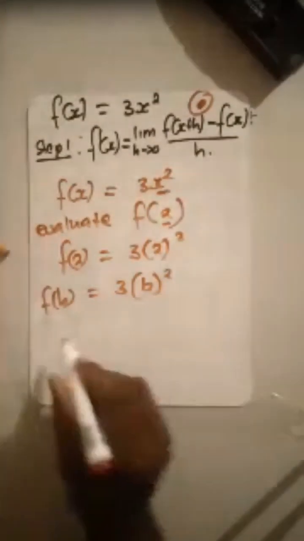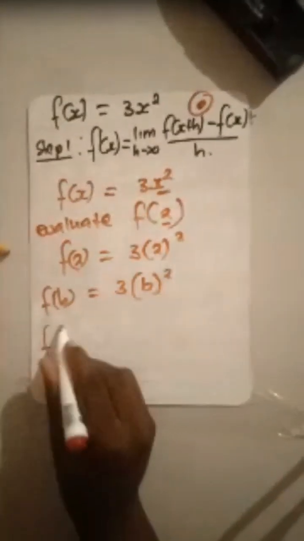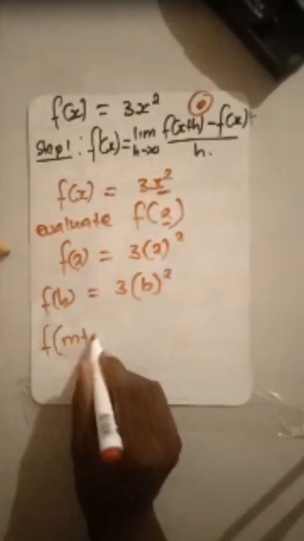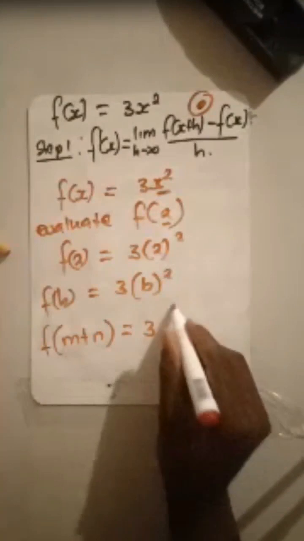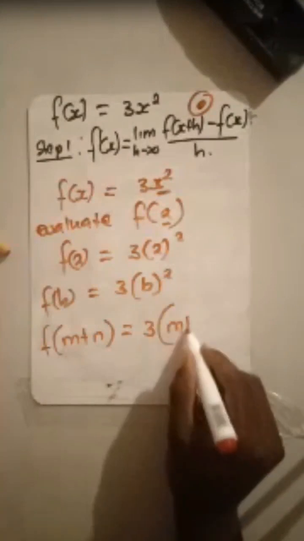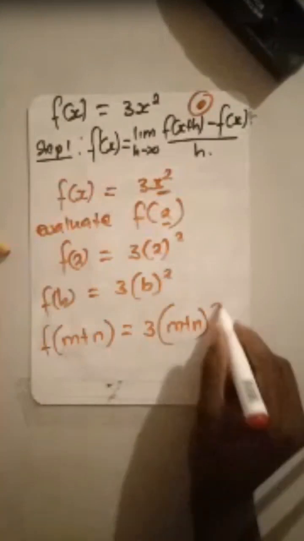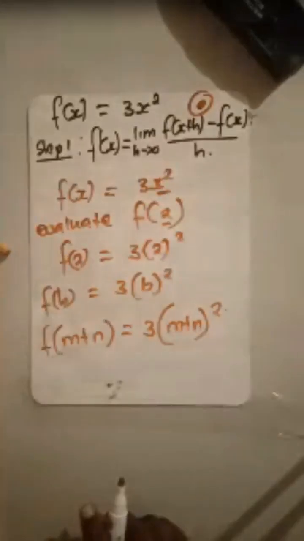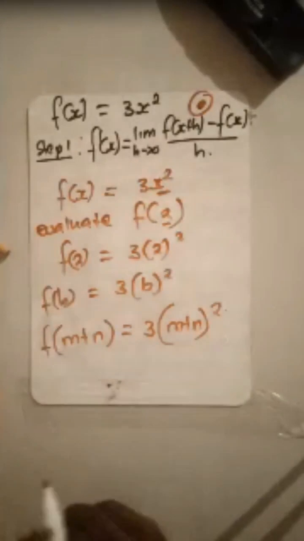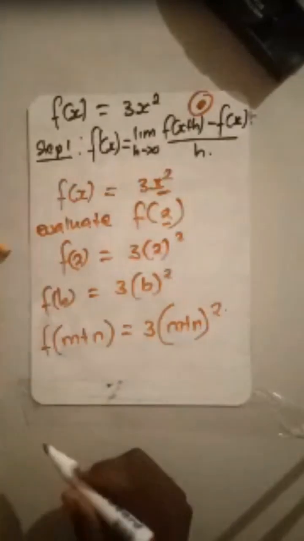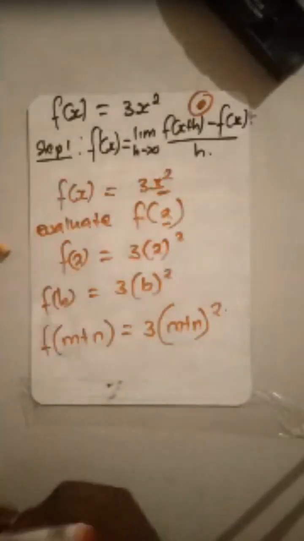If the question says evaluate f of m plus n, it means that this is going to be 3, then in brackets, m plus n squared, like that. This is function notation. If you have done functions so far, I think you have actually looked at this.